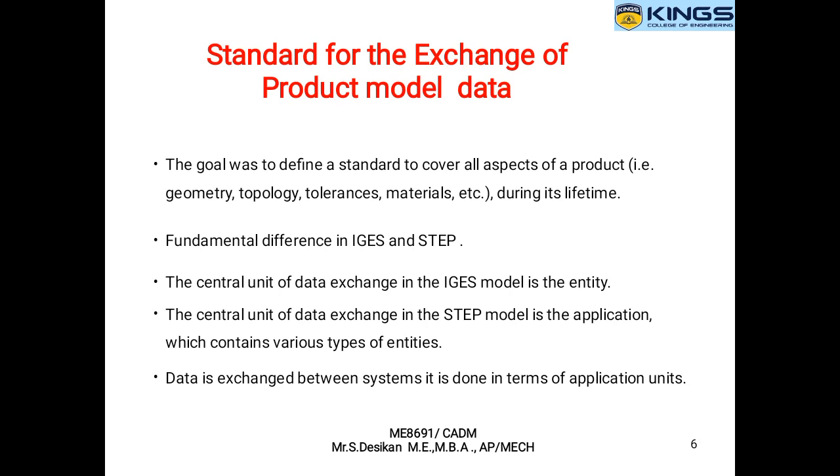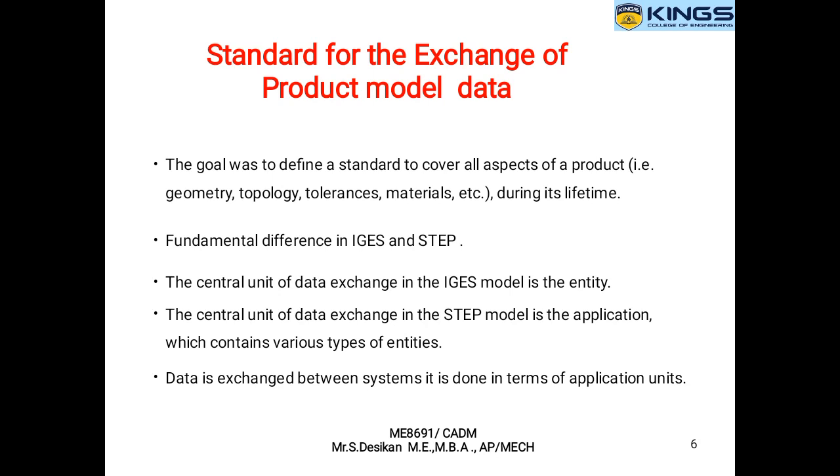So in STEP model data, what are the basic things available to provide information and to proceed with the STEP architecture? The first one: the goal of the STEP architecture is to define a standard product in terms of geometry, topology, tolerances, and material.